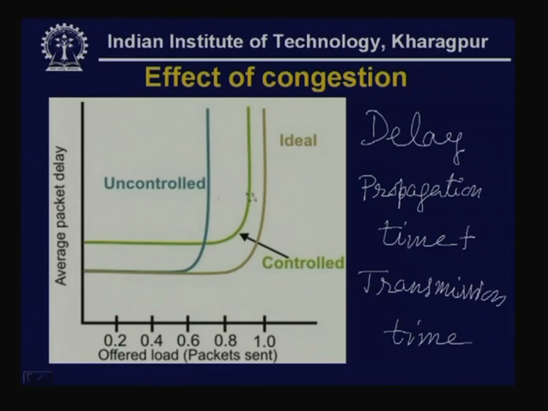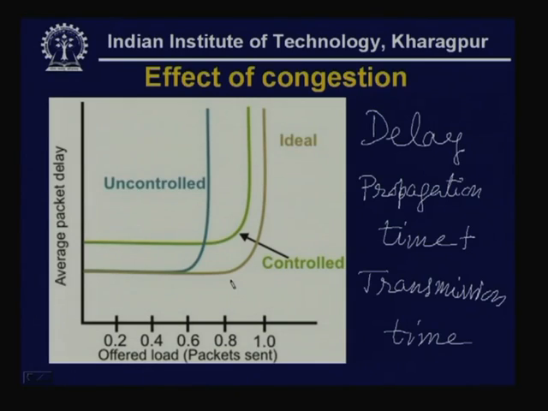On the other hand, by using control, although the overall delay increases, the network can ultimately sustain a very high offered load compared to the uncontrolled situation. So, we see how the delay parameter is affected in three conditions: ideal, uncontrolled, and when congestion control measures are taken, as shown in this curve.